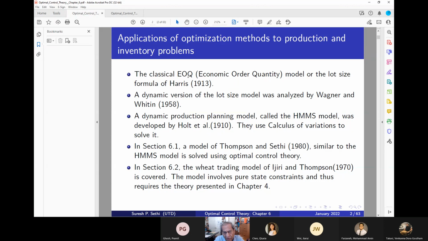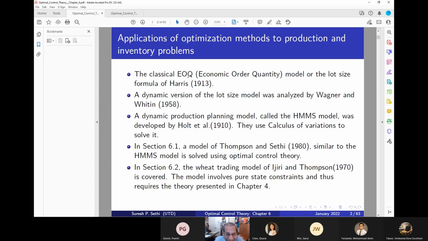The classical EOQ, I have a little bit of an issue because I don't actually know what you guys have done. Now, the EOQ model is something that we do in operations management at the very, very beginning.